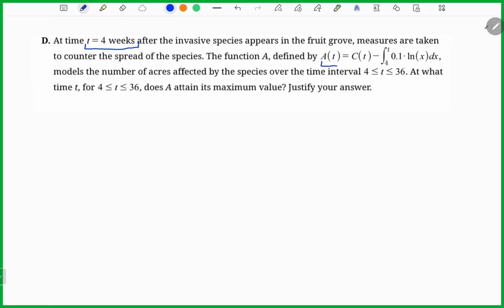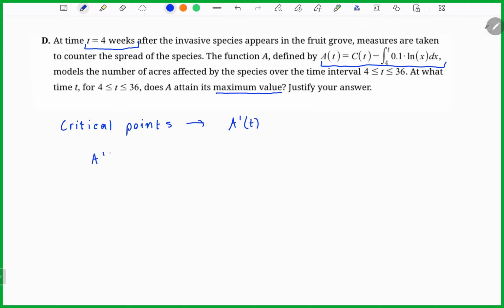Now, this is a problem that often throws people off because they're trying to think too hard ahead. Let's just follow through with definitions. If we're looking at where a function attains its maximum value, our first step is to find critical points. And so that means we're going to look at what A prime of t is.